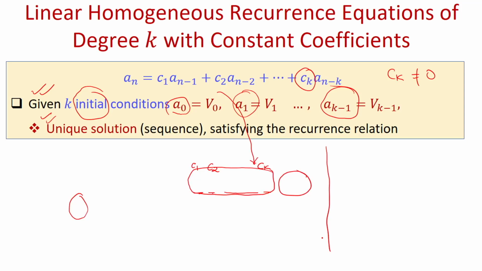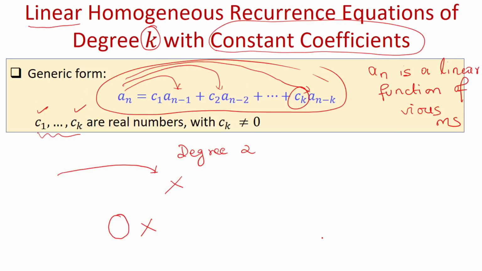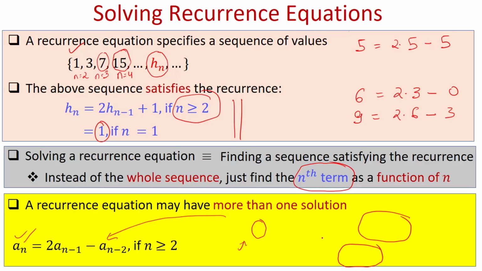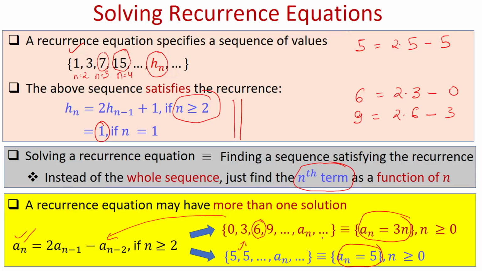So let me go back to that example. Yes, I can go back, right? So here, what was happening is you were just given the recurrence condition, you were not given the initial terms. So that's why I was freezing the initial terms in two different ways.